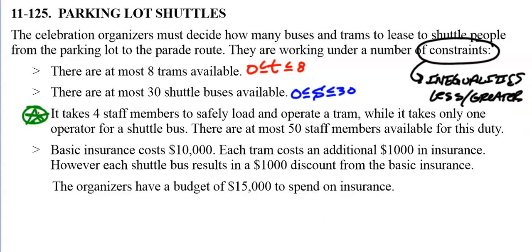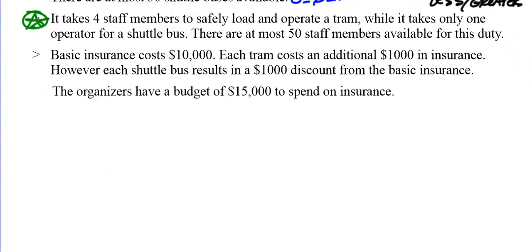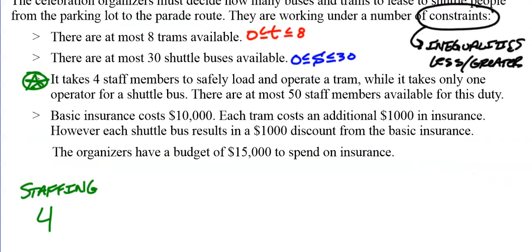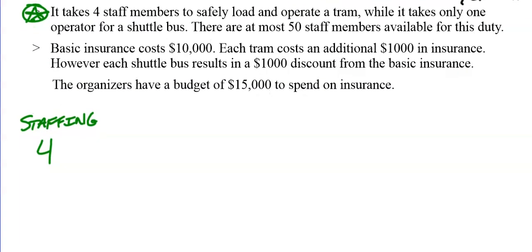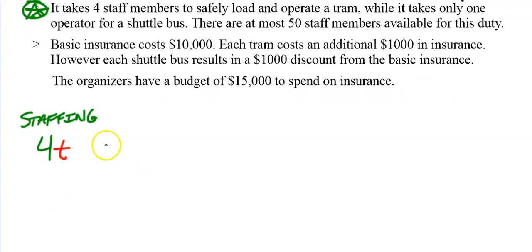For staffing, it takes 4 staff members for a tram. So we have 4 times the number of trams. And then it takes 1 person for a shuttle bus.